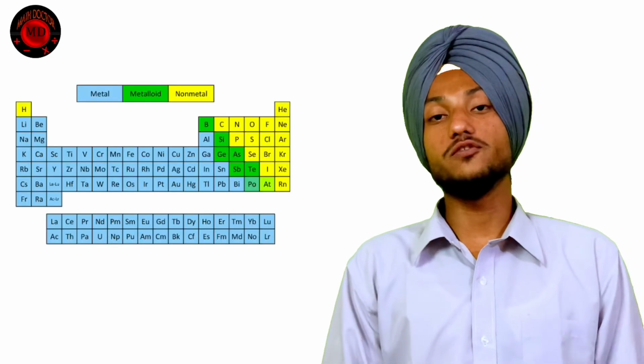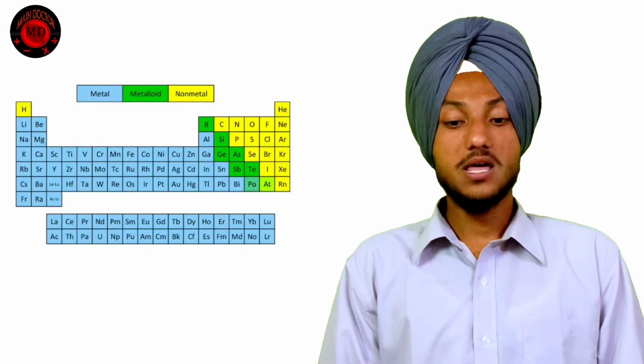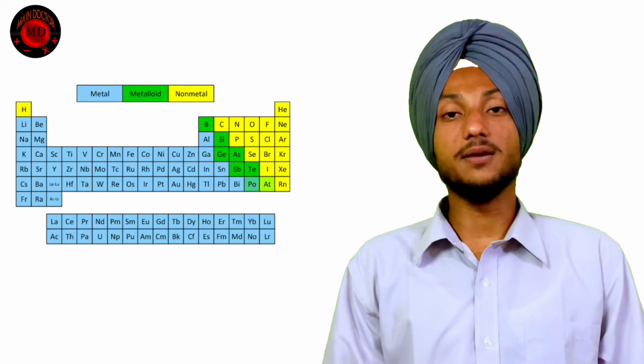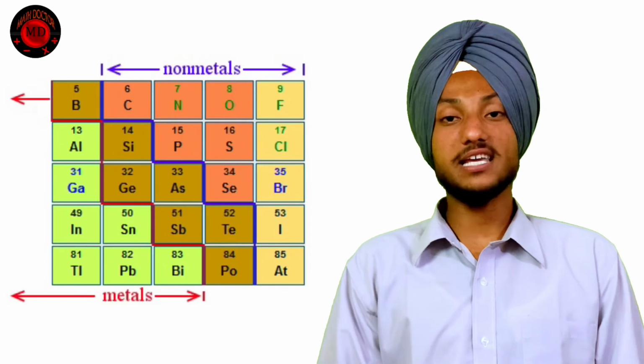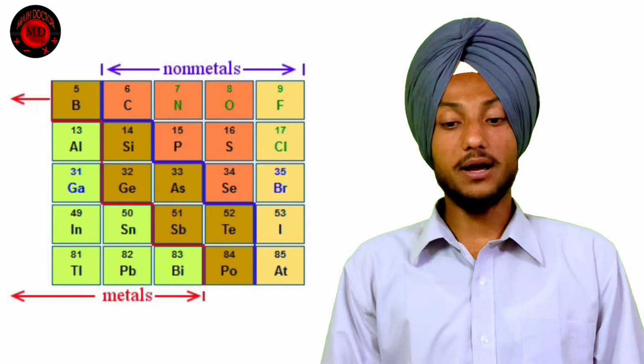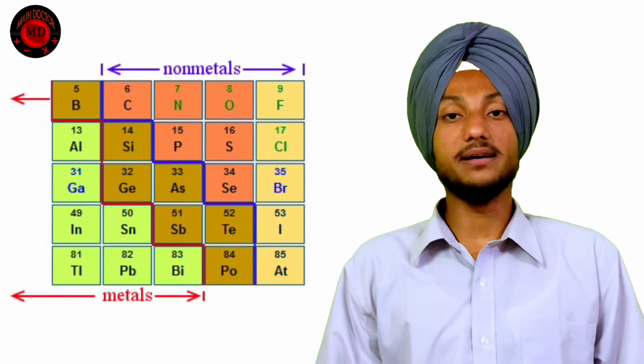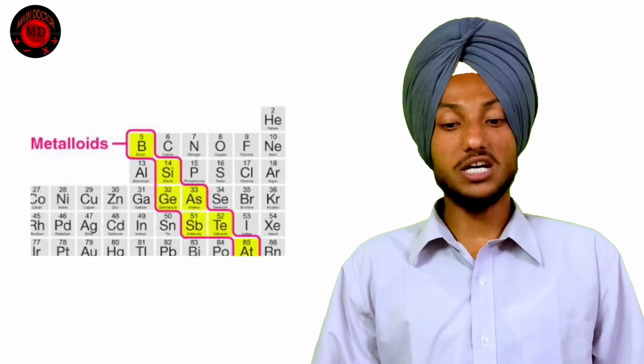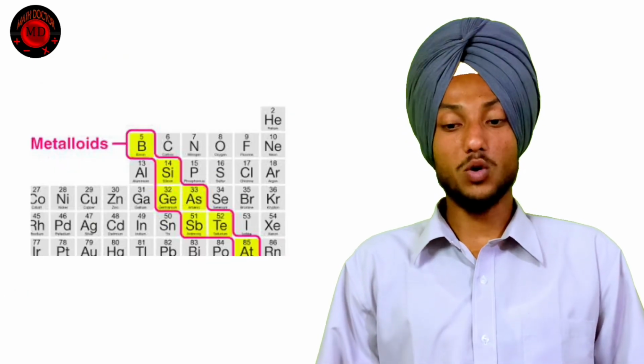In the modern periodic table, the elements have been roughly divided into metals and non-metals. The elements on the left-hand side are the metals, whereas those on the right-hand side are non-metals. Metals have been separated from non-metals by some elements called metalloids, which are placed diagonally in the periodic table.